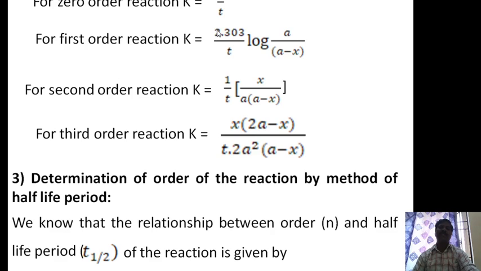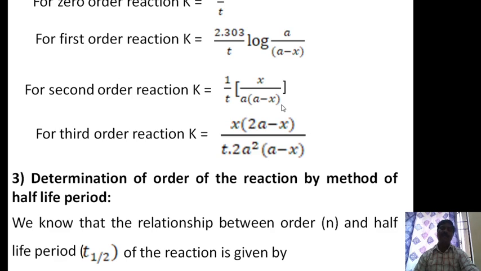If it is not constant, then go to the next equation, for a second order reaction. For a second order reaction, K is equal to 1 divided by t into X divided by A into A minus X. Then substitute the values of X, A minus X, A and t in this equation.